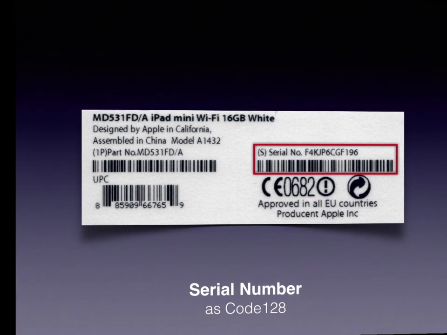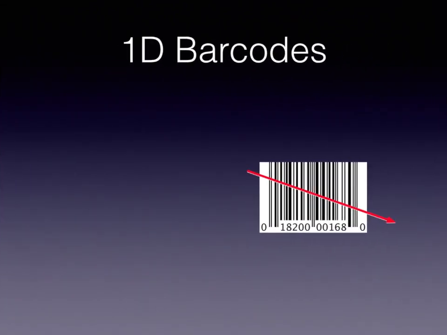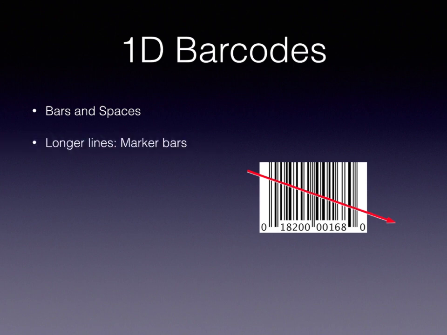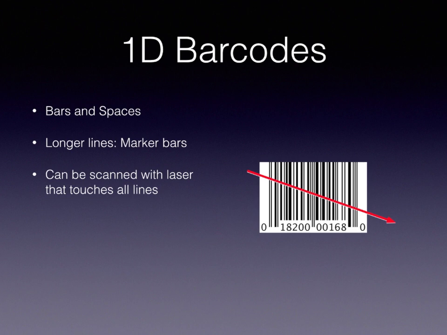So let me give you a bit of understanding what the difference is between the different kinds of barcodes. So there are 1D barcodes and 2D barcodes. And a 1D barcode is one that's made up of bars and spaces. The longer lines are so-called marker bars, and it has been able to be scanned for the last 40 years, as long as the laser beam touches all the bars.